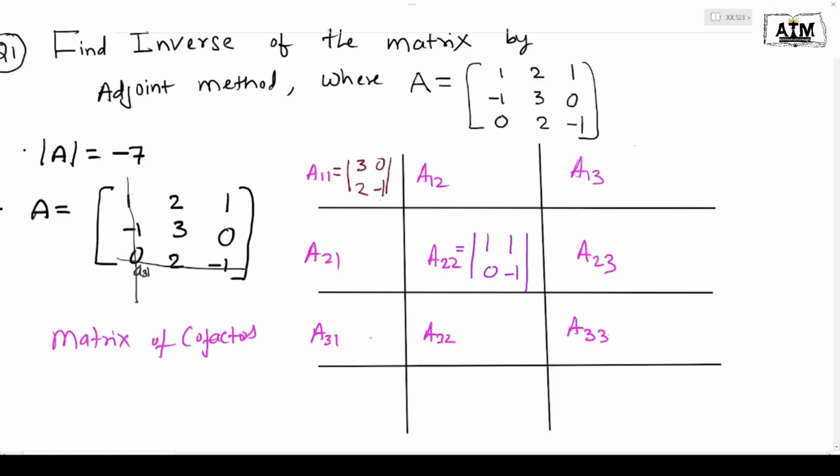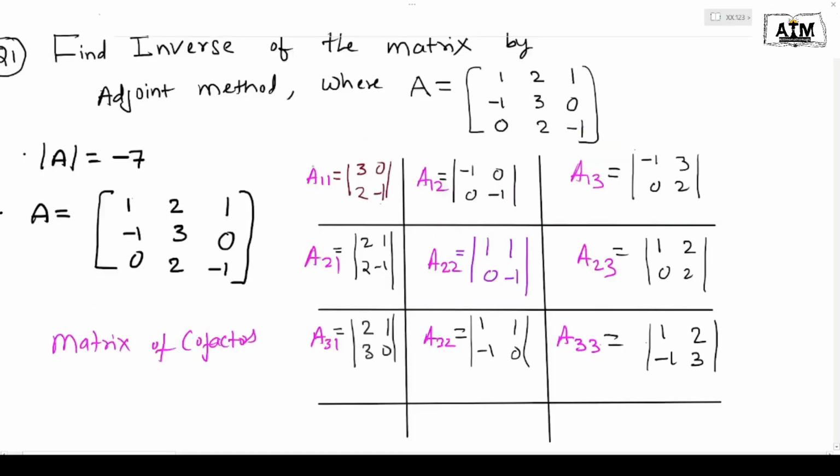What are the numbers left? 2, 1, 3, 0. Similarly, we find the other cofactors. After that, write here plus, minus, plus, minus, plus, minus, plus, minus, and plus. Start with plus, then alternately write plus and minus. We start with plus and end with plus. That is important.